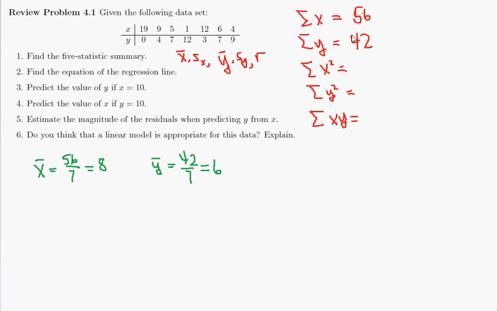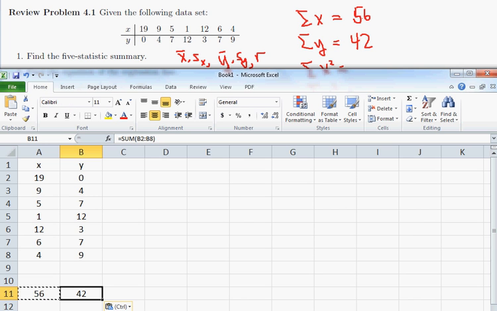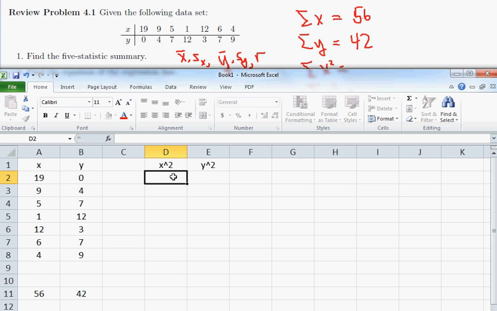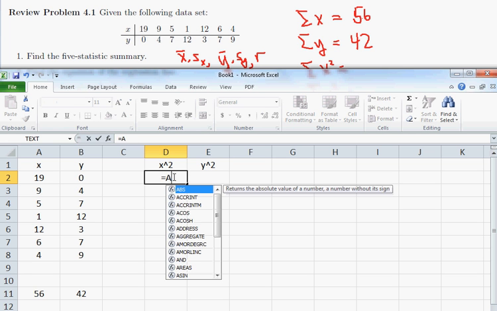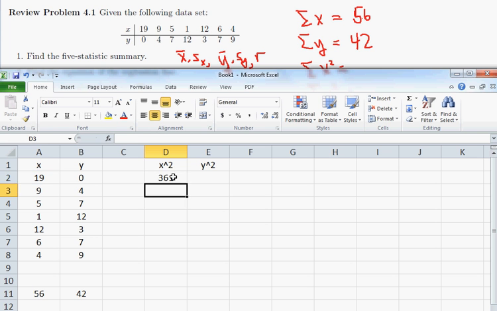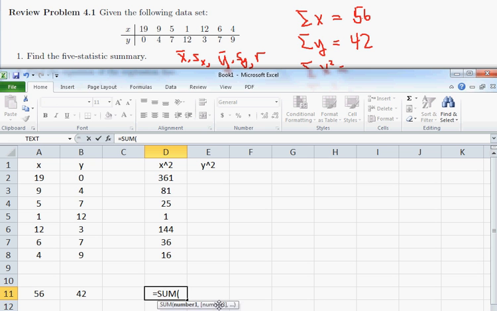Now the next things we have to compute are the sums of the x squareds and the y squareds. So let me put a column here, x squared, and another column here, y squared, where I will simply square all of the x values. So 4 squared is 16, 6 squared is 36, 12 squared is 144. And if I add up the values of these x squareds, I get 664.